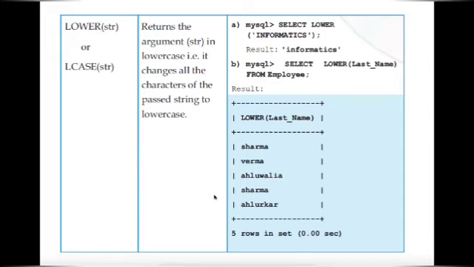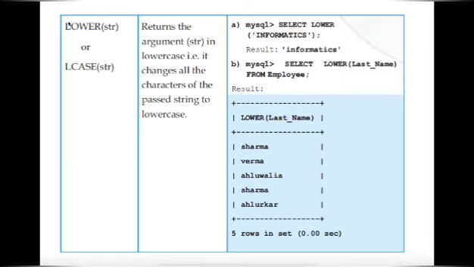As you are clear what is the function of the length function, now let us do the second function in the category of single row function, that is lower, or you can also write it as lcase. Both will serve the same purpose.